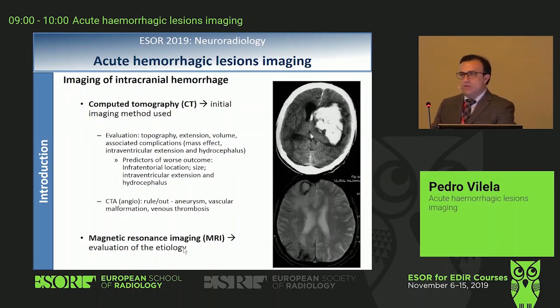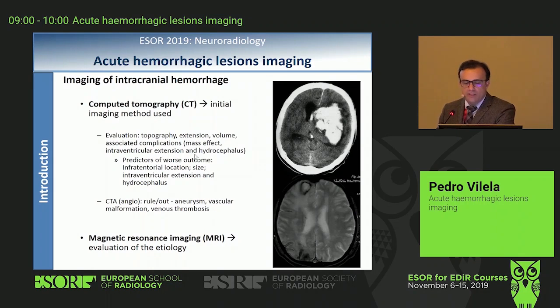So CT is generally the first imaging method that we use for evaluation of brain hemorrhage, and it's important to look at the topography of the hemorrhage, the extension of the hemorrhage measured by diameters, and associated complications.